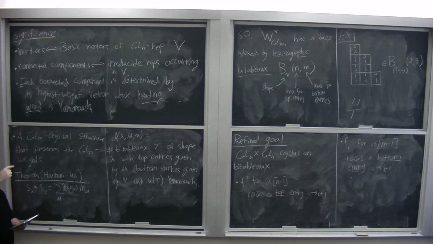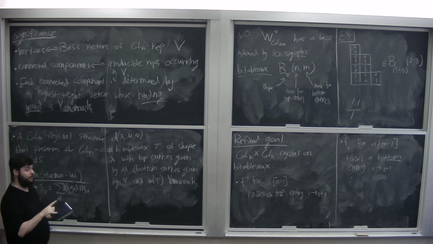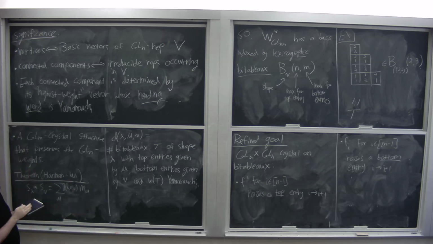And so we're trying to figure out, well, how do you get that full GL2 crystal structure? In addition, those two results are in this reduced case where you have this long first row. And so we're hoping that we can push on that and actually get all of the length 2 Kronecker coefficients by trying to complete this GL2 crystal.